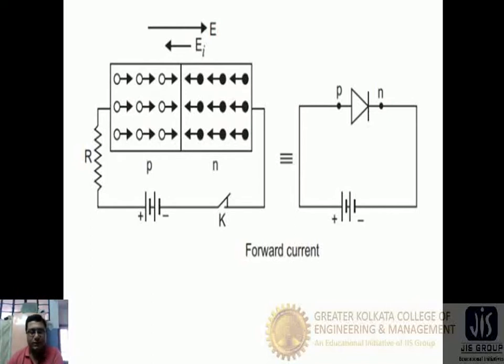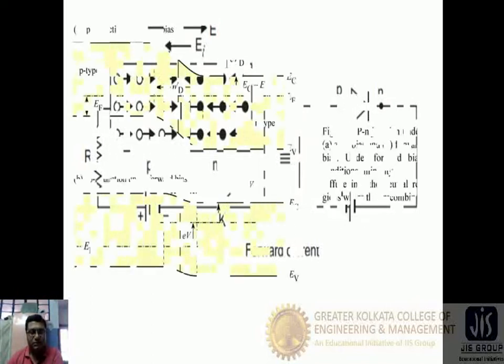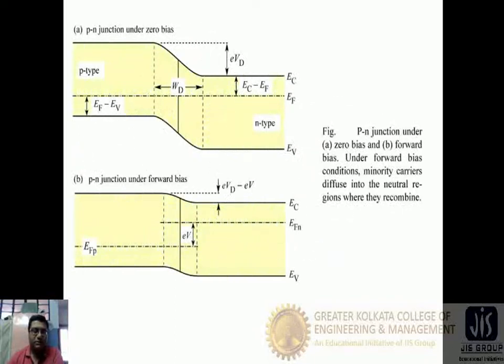Now let's take the band diagram of this forward bias. We can see this curvature, the band bending, which is the depletion width. The bending of the band is the width of the depletion region.